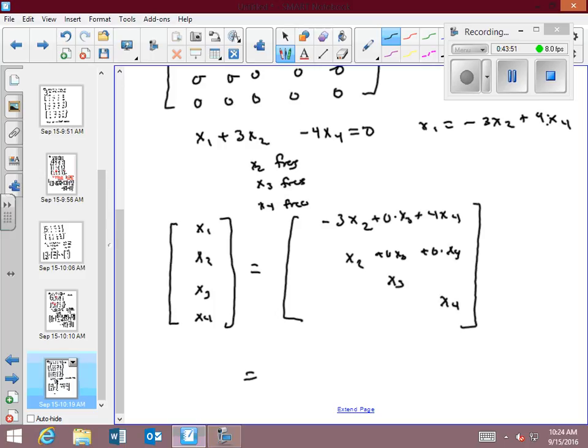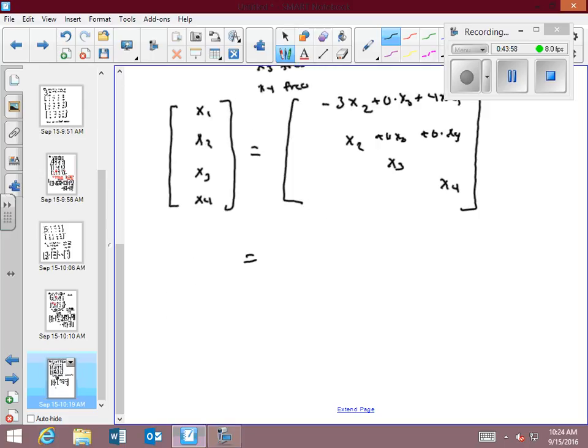Otherwise I get confused, or else I miss it. I miss enough stuff. So the x2 vector is negative 3, 1, 0, 0. And then it's x3, and that's 0, 0, 1, 0.